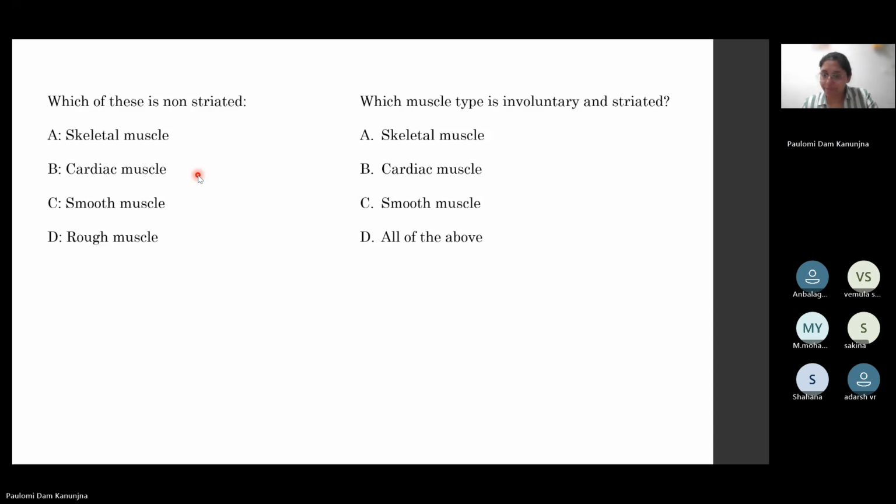Okay. Right. C. What about the second one, which is involuntary and striated? So basically, you need to remember between cardiac and smooth.